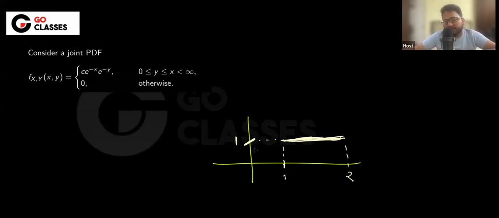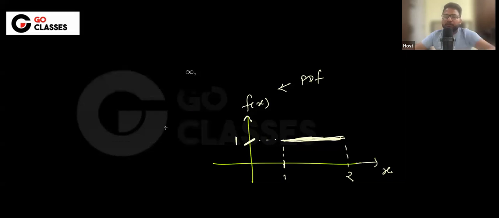So what I'm saying here is that if this is 1D, then these were the values of x. Can you tell me what this was? It was f of x, right? This was the PDF. Is this fine to everyone?